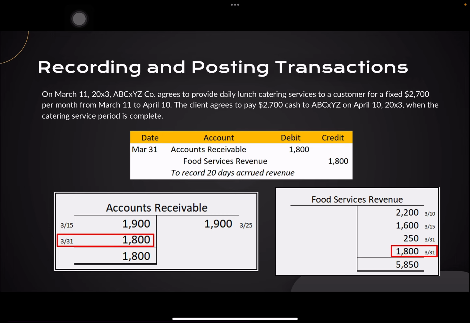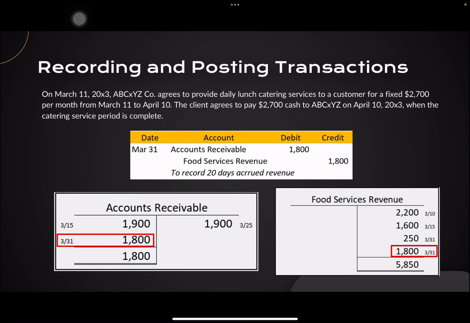So we are contracted to provide daily lunch, food to our customer, and in return, they will pay us $2,700 per month. The second sentence says that the client agrees to pay $2,700 cash to ABCXYZ on April 10 when the catering service period is complete.